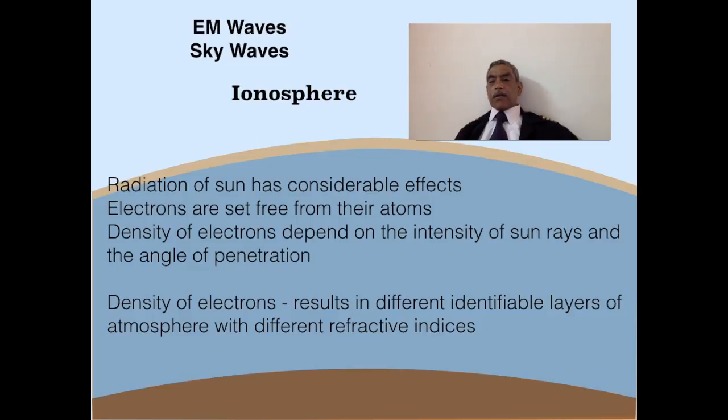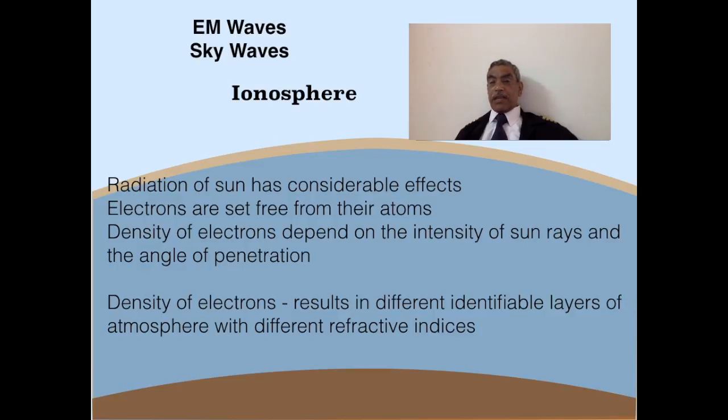The density of electrons results in different identifiable layers of atmosphere with different refractive indices. That's what I want you all to understand. Especially when the sun activity is high, different levels of ionization are produced in different layers of the atmosphere. So the electron density keeps varying almost throughout the entire layer, and it affects the density of the medium.